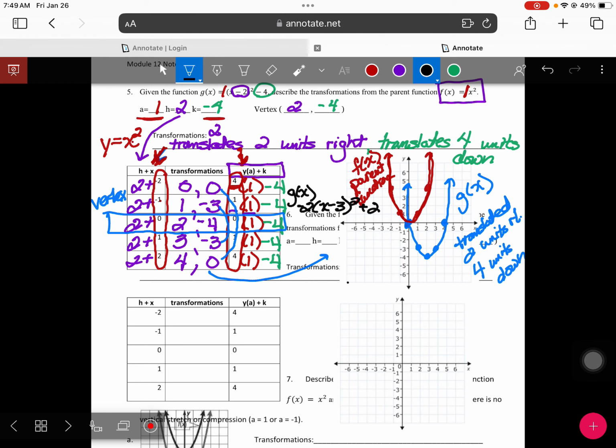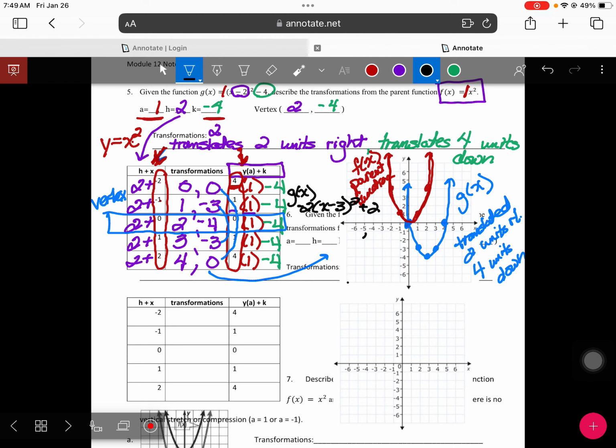And they want to know, how is that different from the parent function of f of x equals x squared? Okay. So we have our a equals, our h equals, and our k equals.